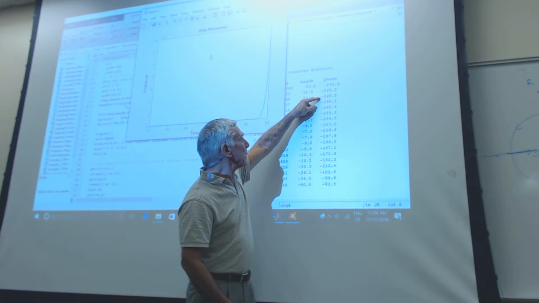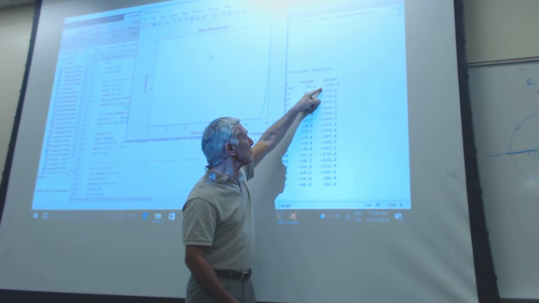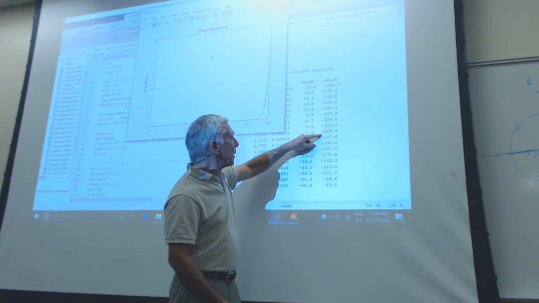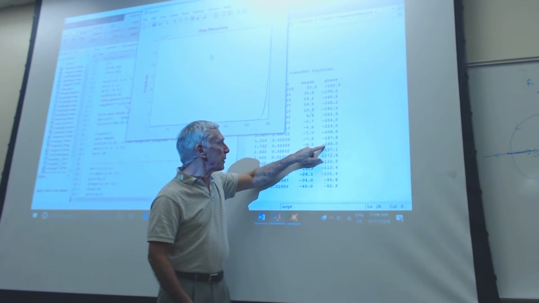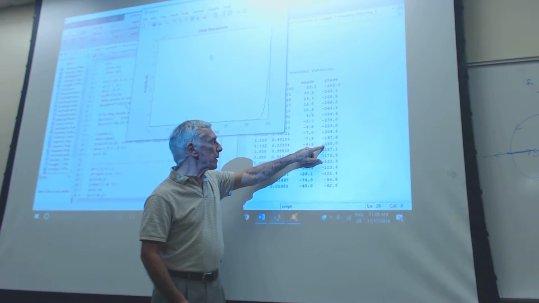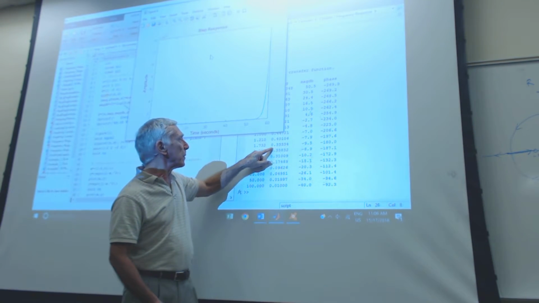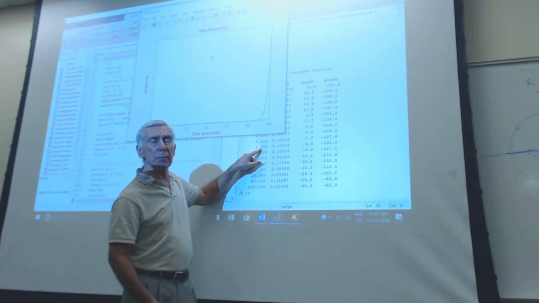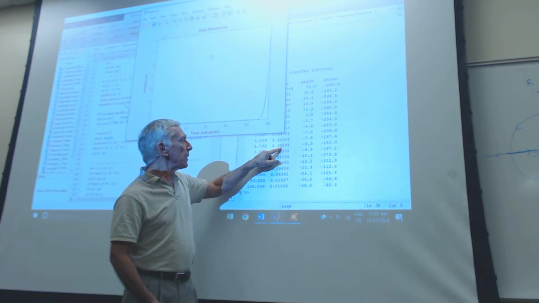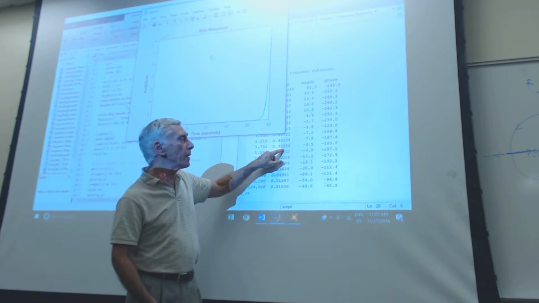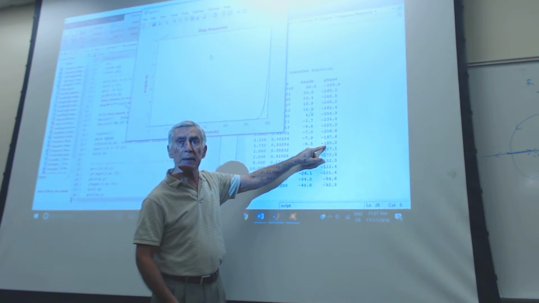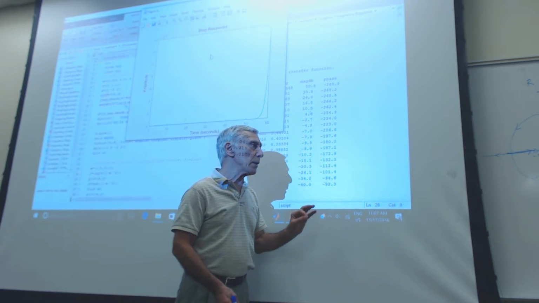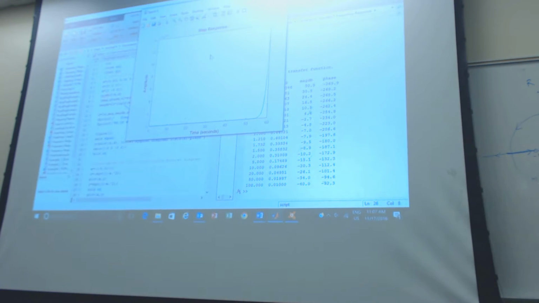So you can see that it starts near minus 270. Notice that there is a 180 degree phase crossover point. In other words, when the frequency is 1.732, the magnitude is 1/3, and the phase is minus 180. That is the 180 degree phase crossover point. In other words, it looks like this.